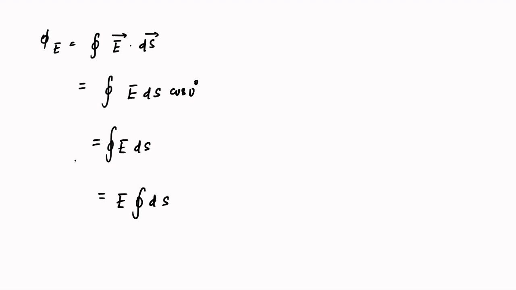Now the surface area of a sphere is equal to 4 pi r square. Here the inner sphere has radius small r, so this becomes E into 4 pi small r square, which is equal to the charge enclosed by the Gaussian surface, which is q dash by epsilon 0. Why here have we not written q? Because q is for the entire sphere, capital R.